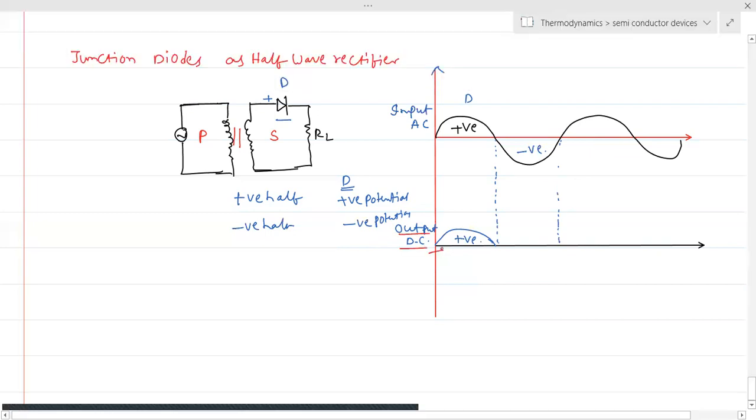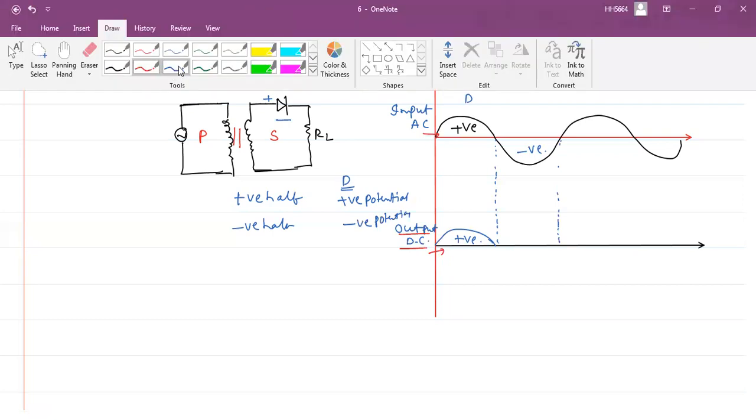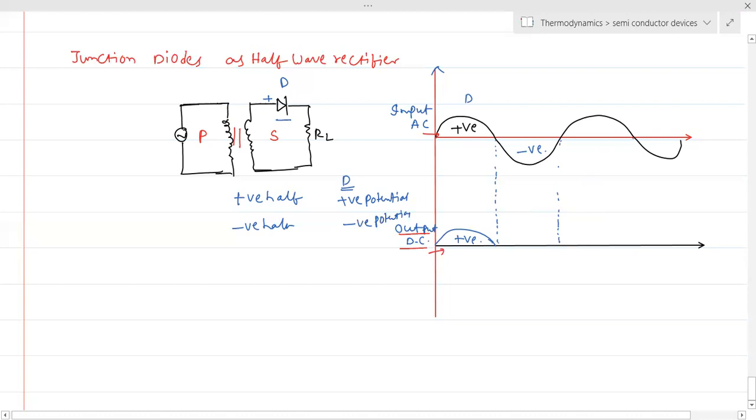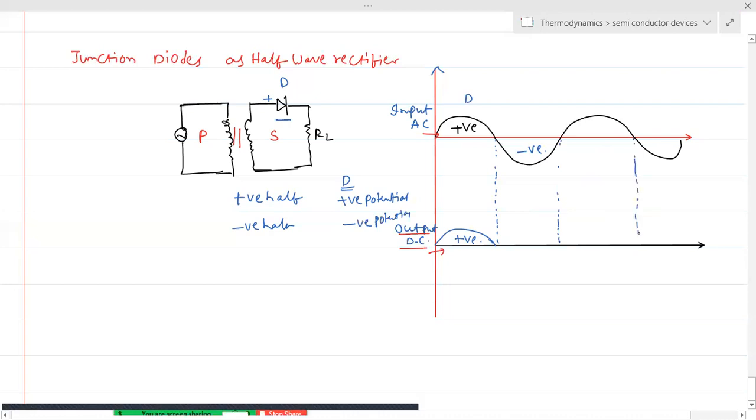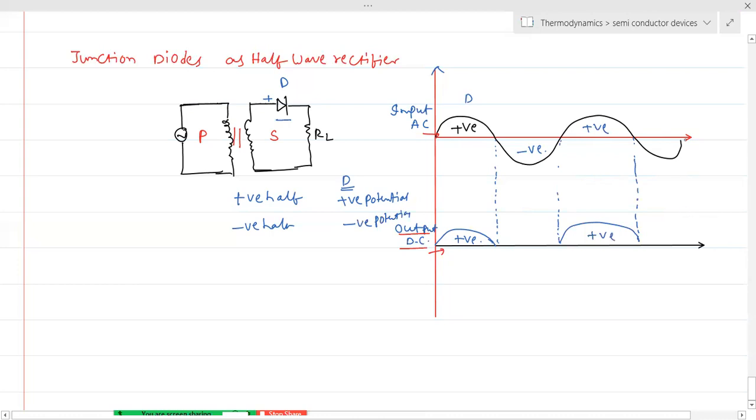This will be the output DC and this will be the input AC. Similarly, during the next positive half cycle, the diode conducts because it is in forward bias, and during the next negative half cycle, it does not conduct current.